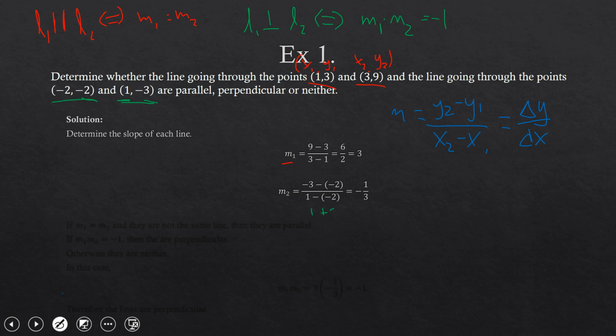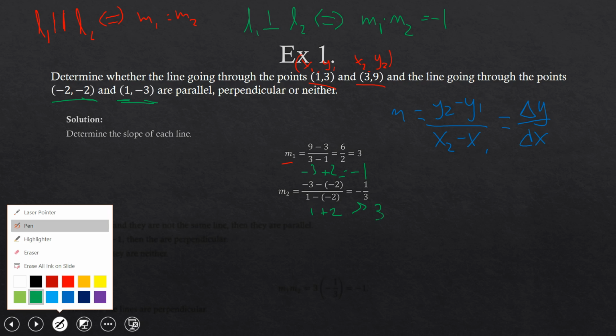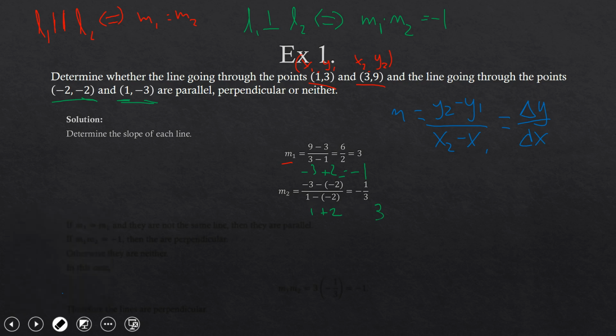So this is -3 plus 2, which gives us -1, and this is 1 plus 2, which gives us 3. So that's going to give us -1/3.